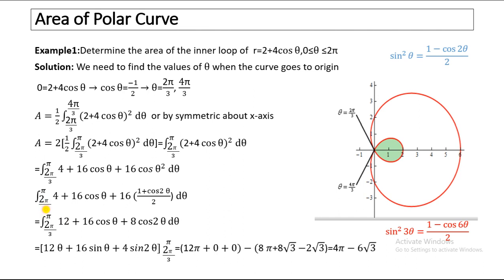Integration from 2 pi over 3 until pi of 4 plus 16 cosine theta plus 16 multiplied by 1 plus cosine 2 theta over 2 d theta. 16 divided by 2 is 8. 8 plus 4, 12. So 12 plus 16 cosine theta plus 8 cosine 2 theta.